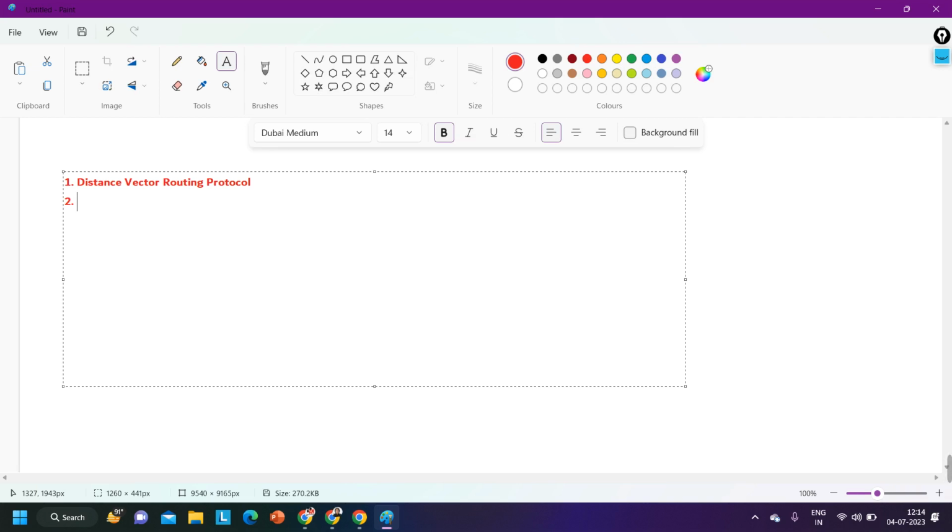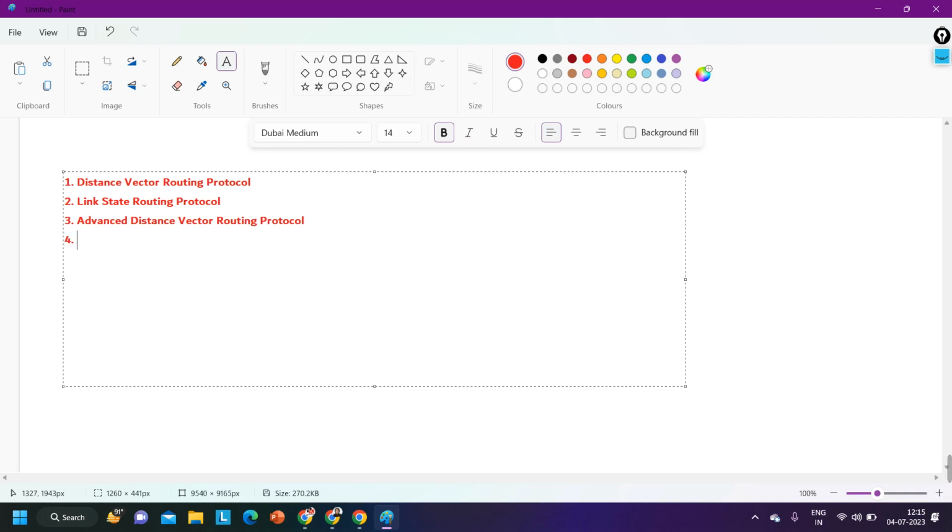After that, types of dynamic routing. The first type of dynamic routing is distance vector routing protocol. The second type of dynamic routing protocol is link state routing protocol. The third type is advanced distance vector routing protocol.